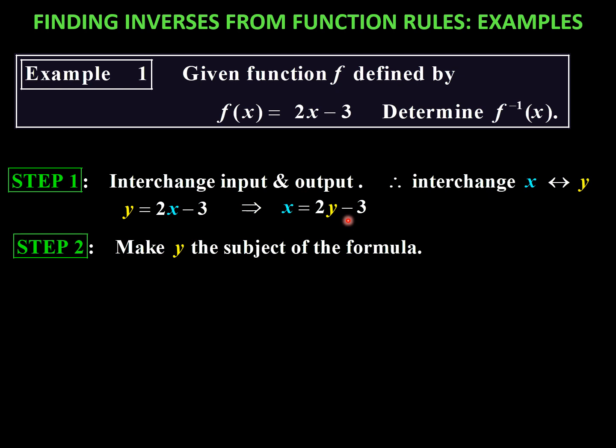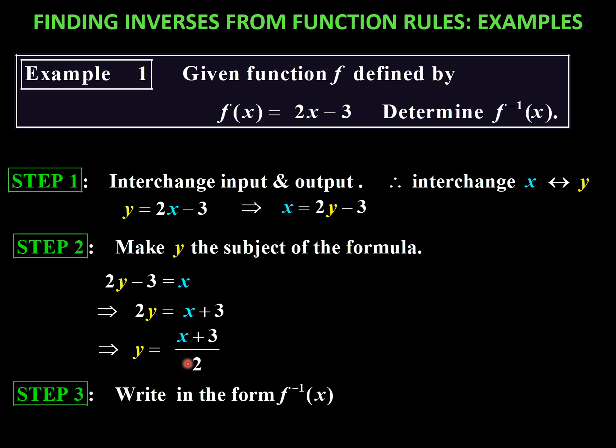Next, we want to make y the subject. So to do that, it's much better writing 2y minus 3 and putting equal to x on the right hand side. Now we have to do the inverse operations. Instead of subtracting, we add. Instead of multiplying by 2, we divide by 2.